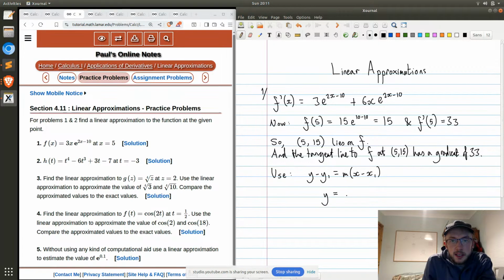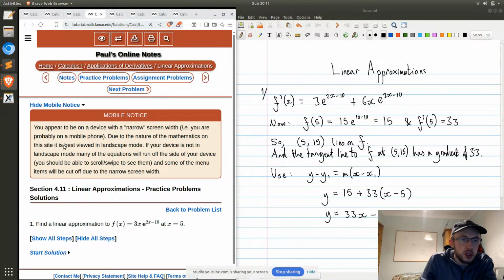All right, so 15 over here, plus 33, open brackets, x minus 5, just like that. And then tidying it up fully, y equals 33x minus 165, and minus 165 plus 15 is minus 150. Just like that. So that should be good.